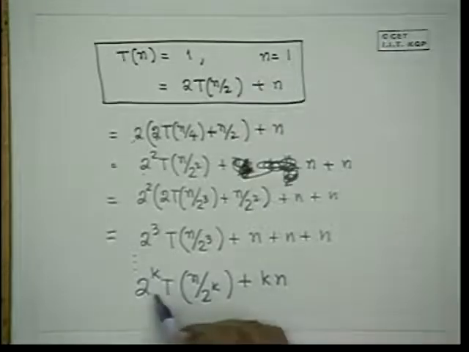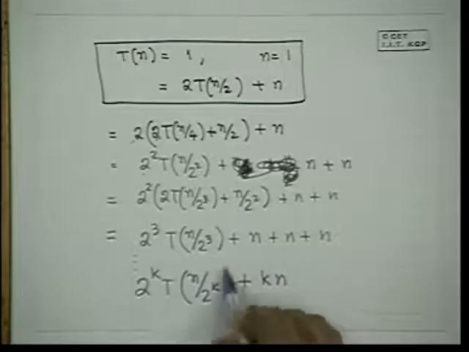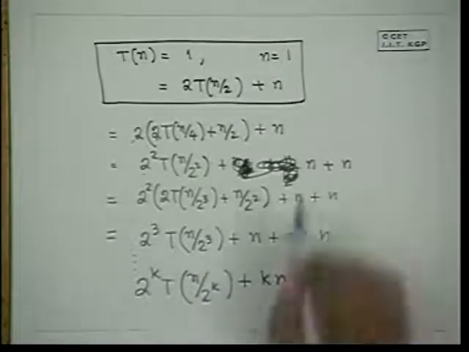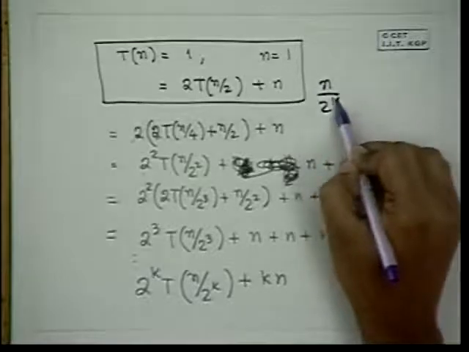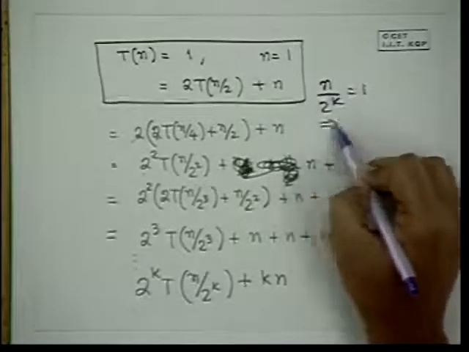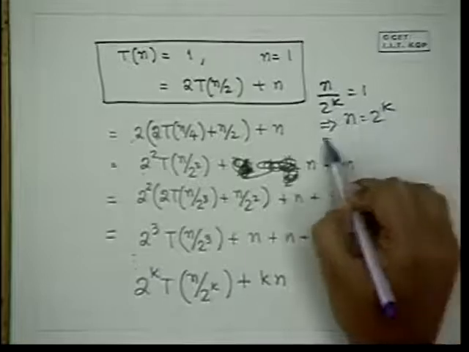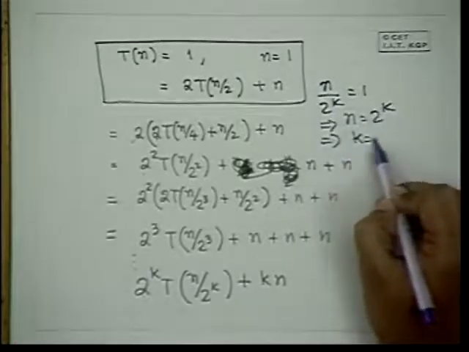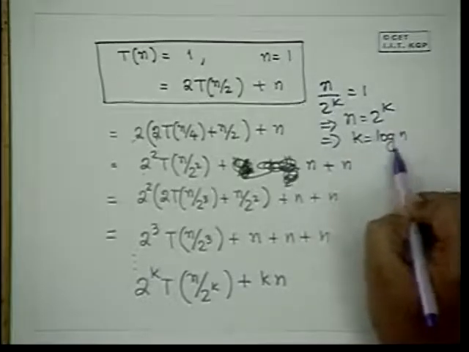Alright. So now what happens? When does this become 1? When n by 2^k is equal to 1, which implies n is equal to 2^k, which implies k is equal to log n to the base 2.